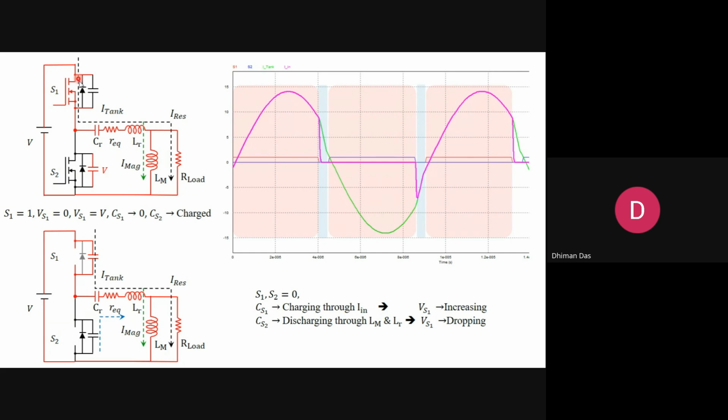In a half bridge cell, you can see there are two switches. One is the top switch, one is the bottom switch, and at the middle node, this is the voltage of the bridge. At the top node is the positive voltage, and at the bottom node the voltage is zero. This is a battery or a power source, whatever you say.